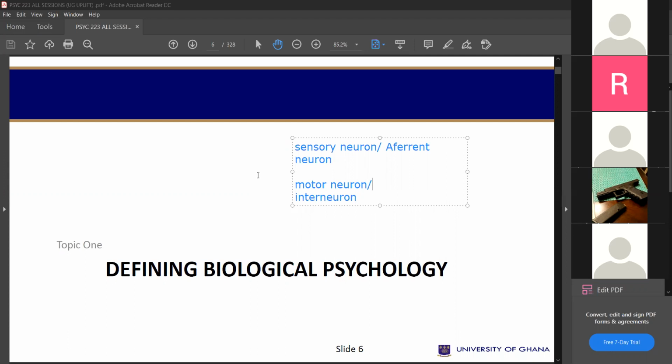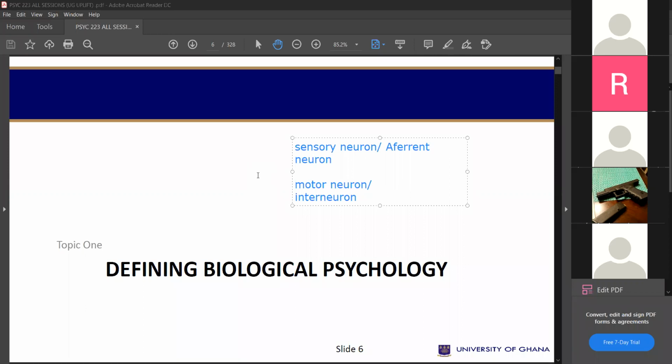So let me clarify this now. With the motor neuron, we normally say that it receives information from the central nervous system, consisting of the brain and the spinal cord, and then sends it to the muscles. Then the last one is the interneuron.